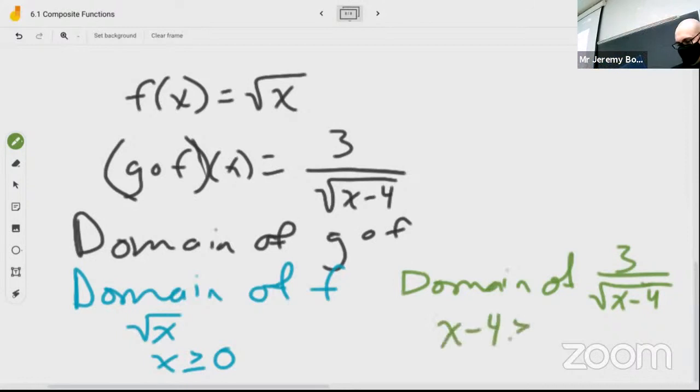Okay, so there's one problem with that. It can't equal 0 because it's in the denominator. Then we want to make sure it's just strictly greater than 0. We're going to solve that and we're going to get x is greater than 4.